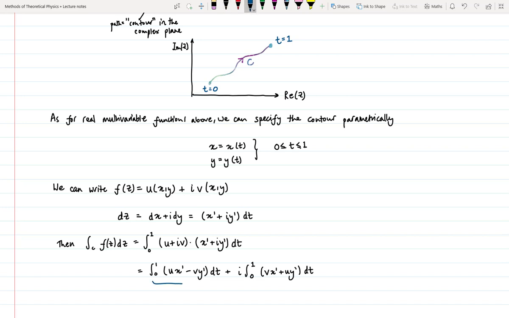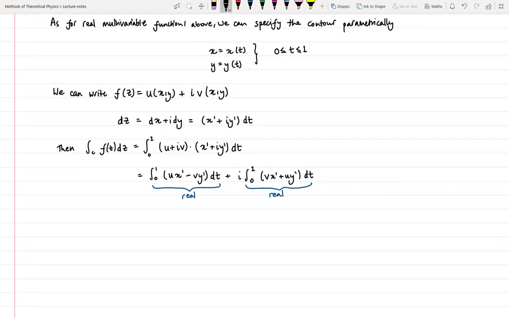And you'll notice that both of the integrals that you have to calculate are real, and of the same form as the real multivariable integral earlier. It's only the factor of i that makes this whole number complex.